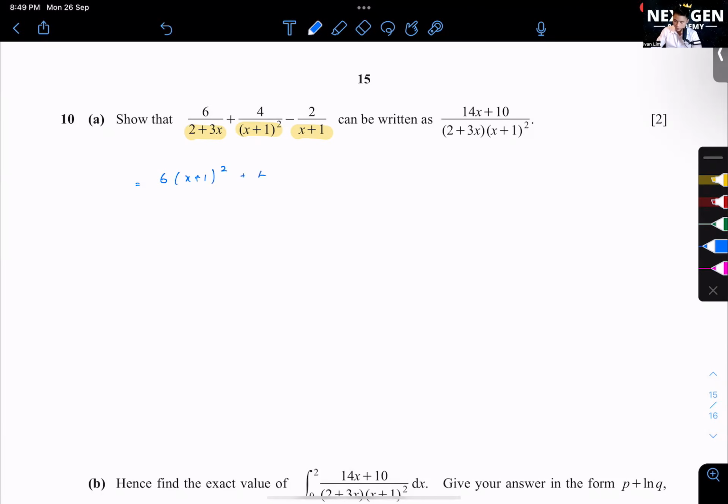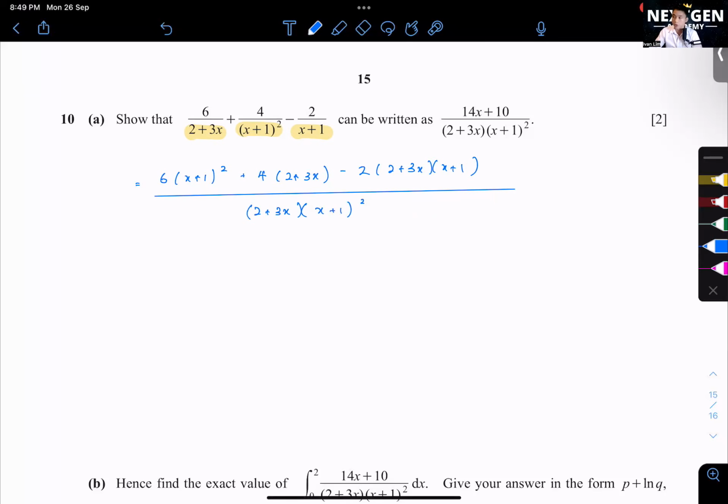Then second term, 4, 2 plus 3x. Third one, minus 2, don't have 2 plus 3x, and x plus 1. Okay, denominator the same. So this one, 2 plus 3x, x plus 1 squared.